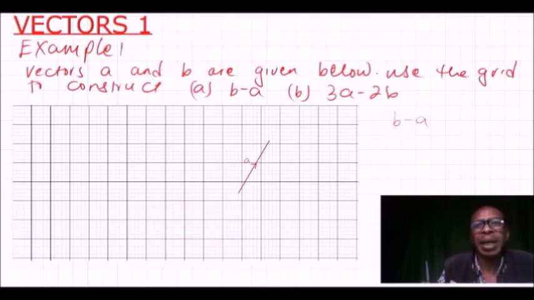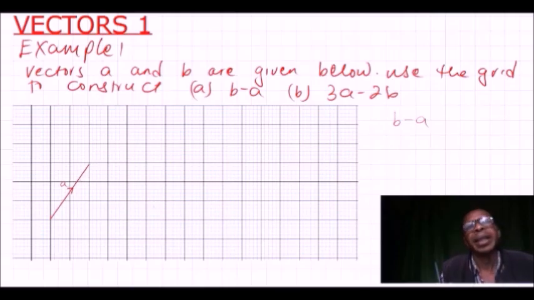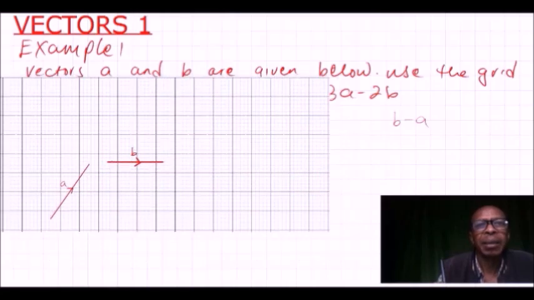So we have our vector A, which we can put there. I think that is better. We can have another vector here, which is vector B. So that is vector B, and we can combine this.